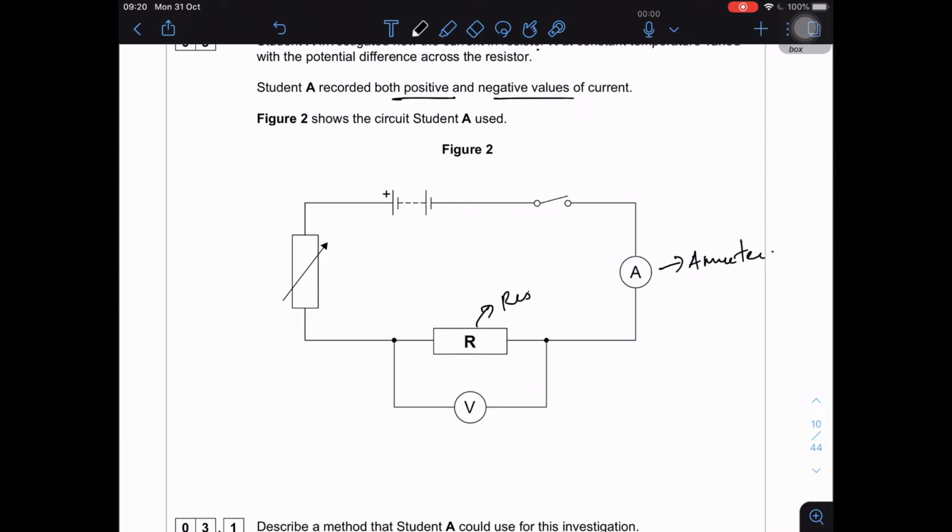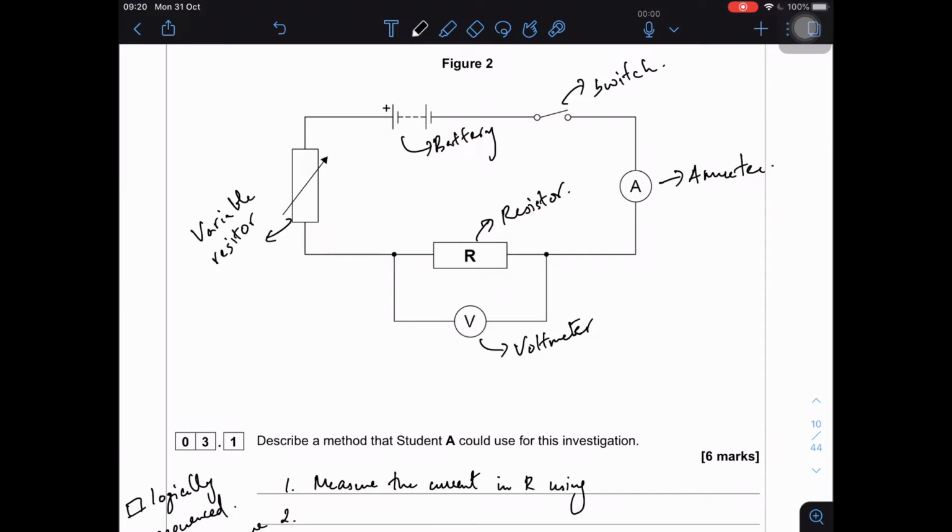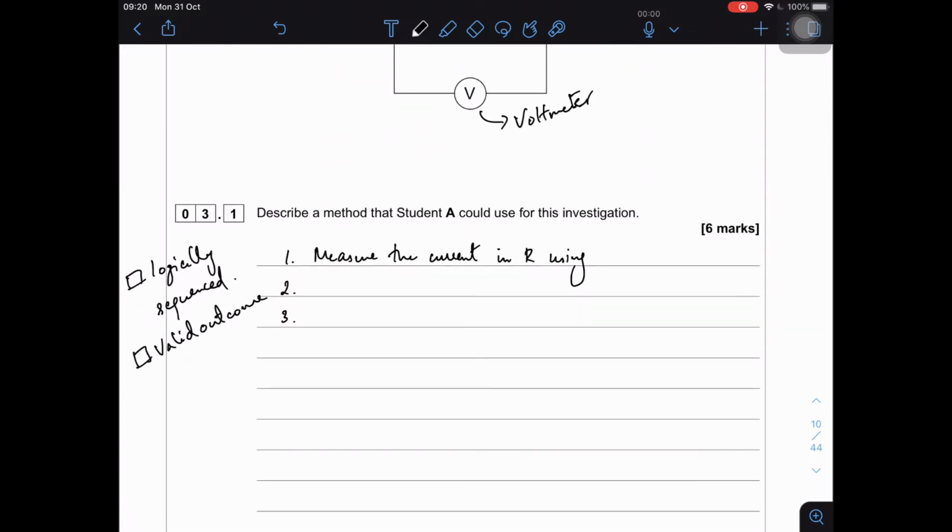That's a resistor, and that's a voltmeter. This is a variable resistor, and that is a battery. And this is a switch. You don't have to write this in an exam. This is for your understanding. So first measure the current using the ammeter.